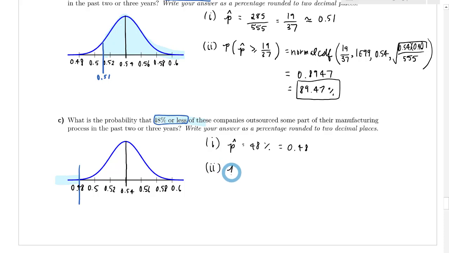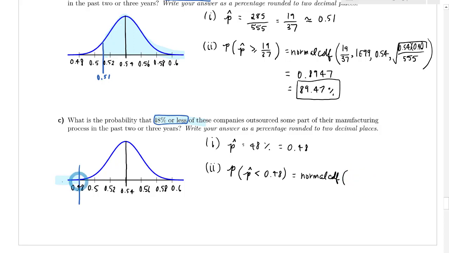So if I'm looking for the probability that the p hat sample proportion of a sample of 555 is less than 0.48, that's going to be equal to the normal CDF, right? 0.48. Oh, no, that's not right.